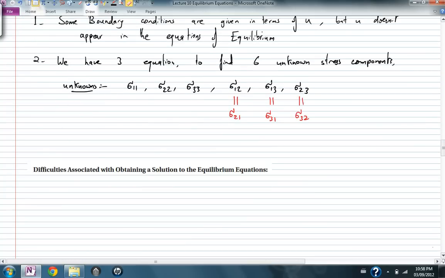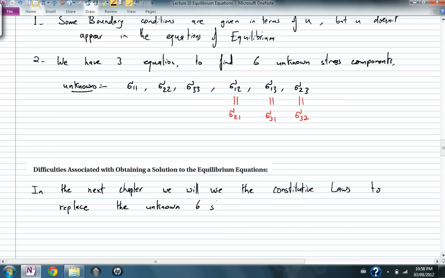To overcome those difficulties, in the next chapter we will use the constitutive laws to replace the unknown stresses with 6 strains, which are functions of 3 variables, u1, u2, u3, which are the displacements.